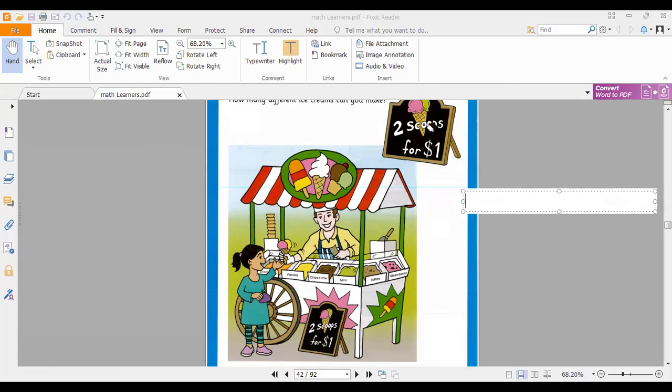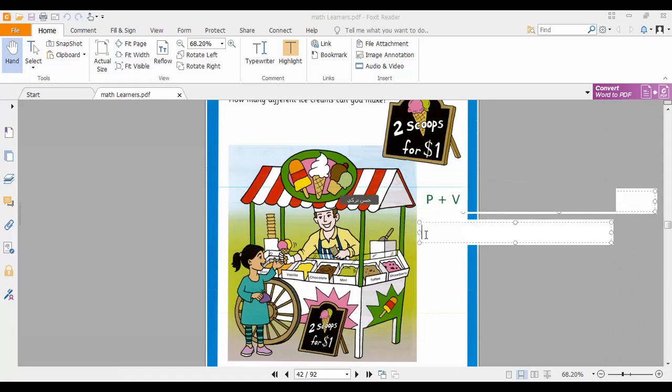Then she can buy vanilla with chocolate. You can write V for vanilla and C for chocolate.